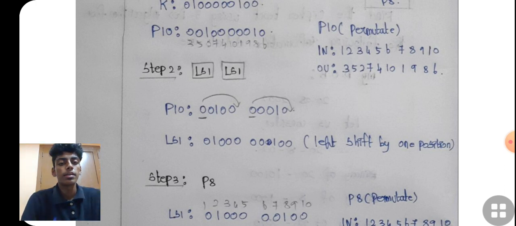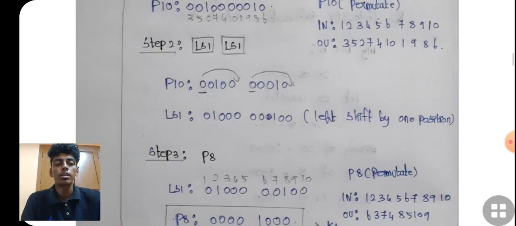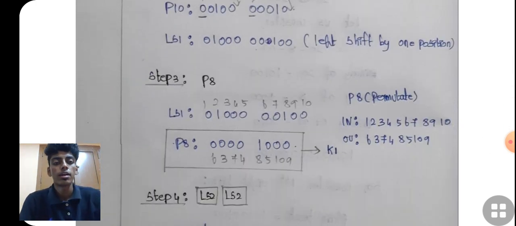For P8, first take the input of LS1, the 10 bits, and we can find P8. On the right side I can write the permutation of P8. Then it is clear we can find the output of P8, and again we can do the operation of LS2.